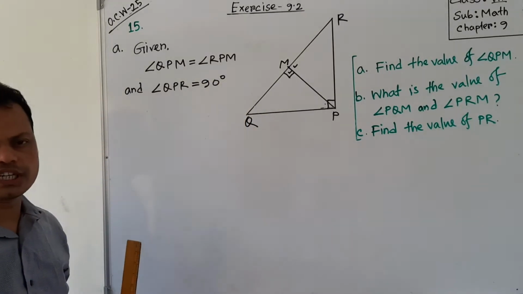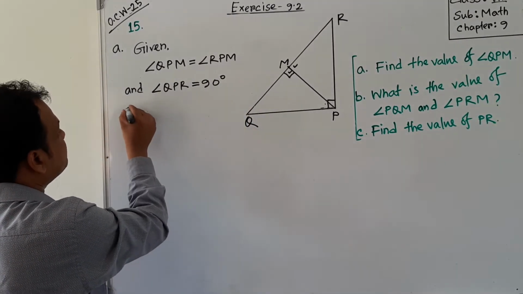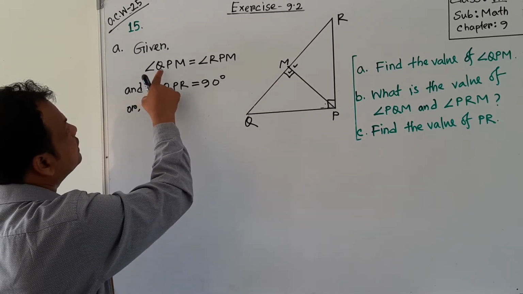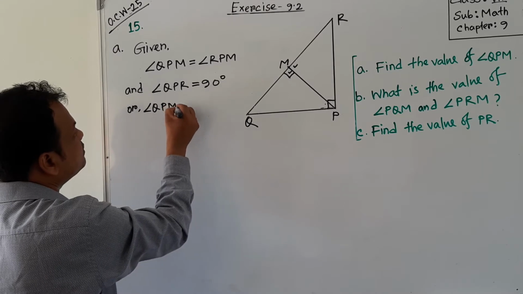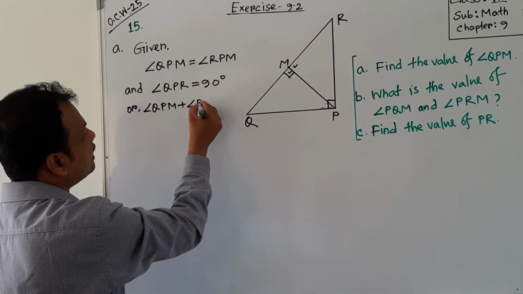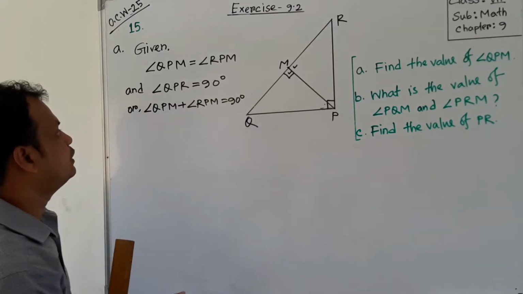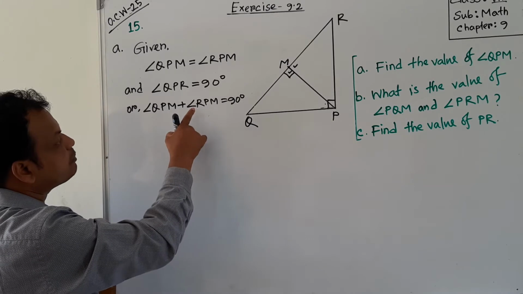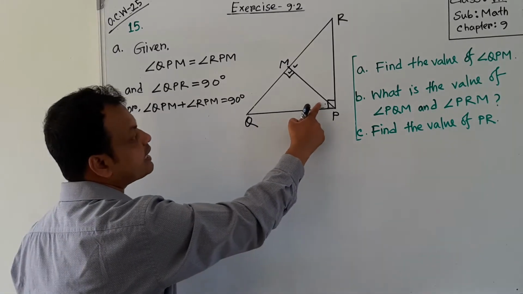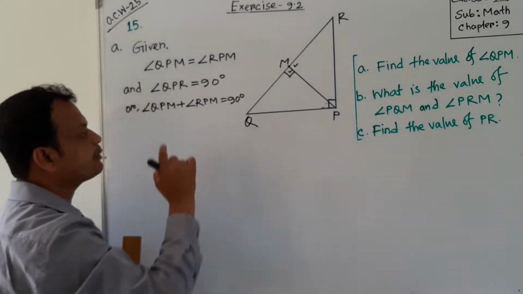These two pieces of information are given. Now QPR is the sum of this angle plus this angle. So we write angle QPM plus angle RPM equals 90 degrees. So QPR equals angle QPM plus angle RPM, so we have got 90 degrees.